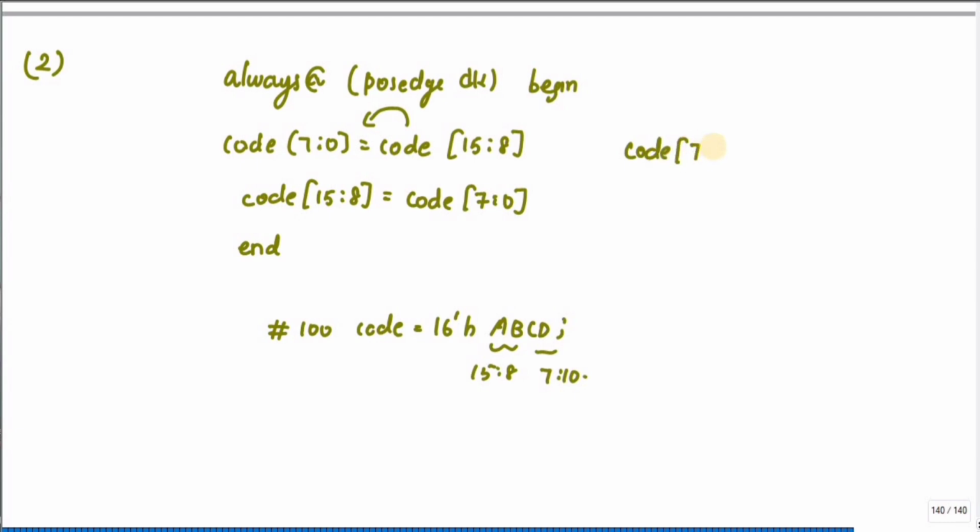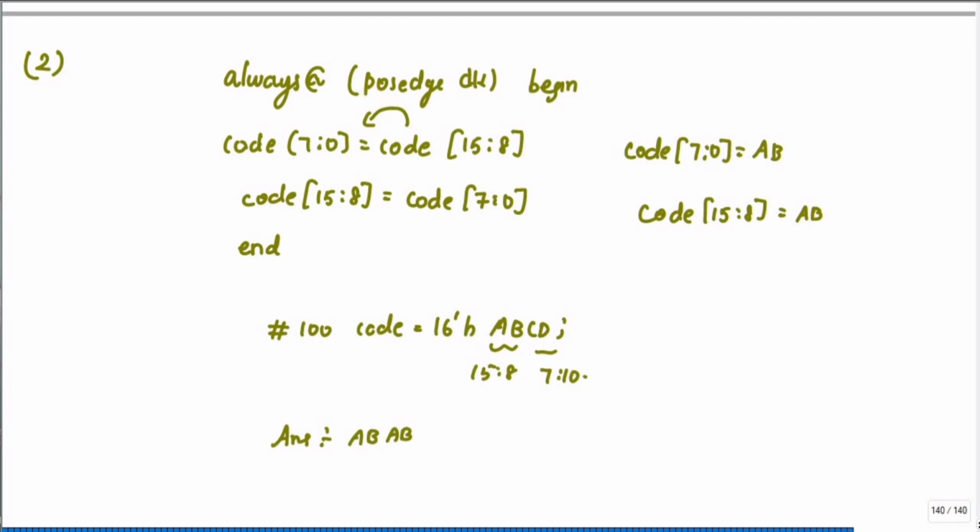So now code[7:0] becomes AB because code[15:8] is AB. And since code[15:8] is now code[7:0], which is AB, at the end you get the code[15:0] as ABAB.